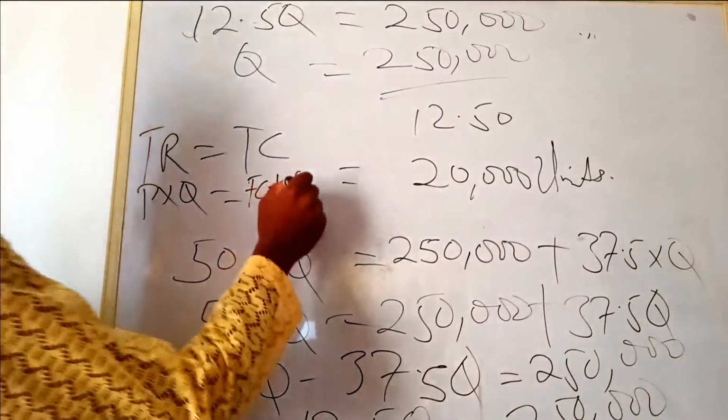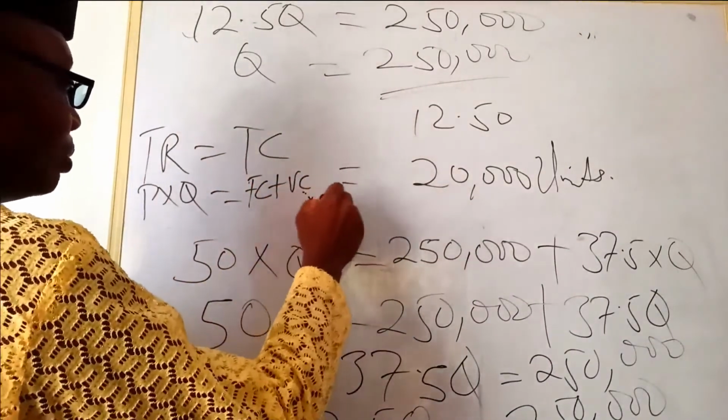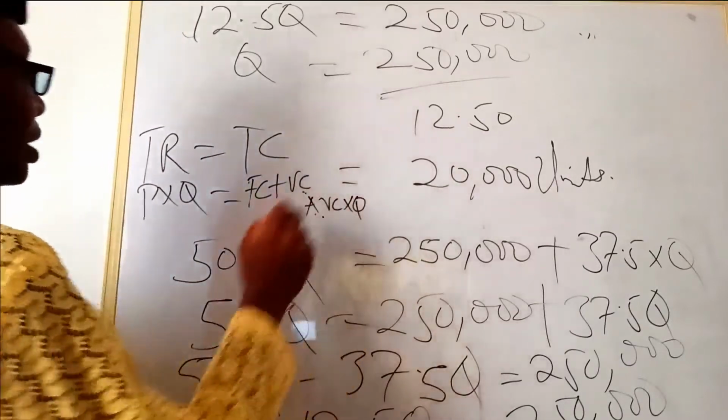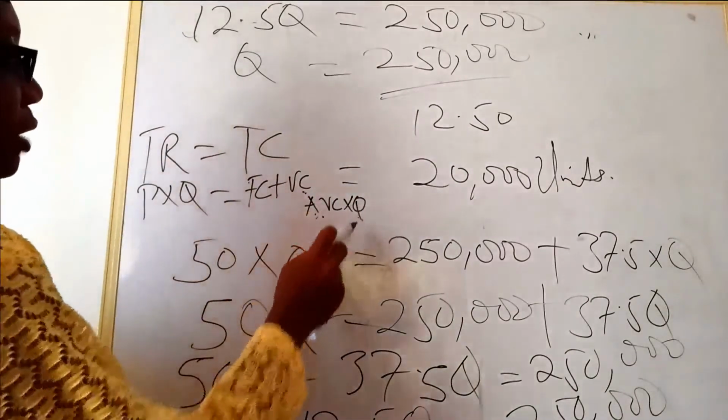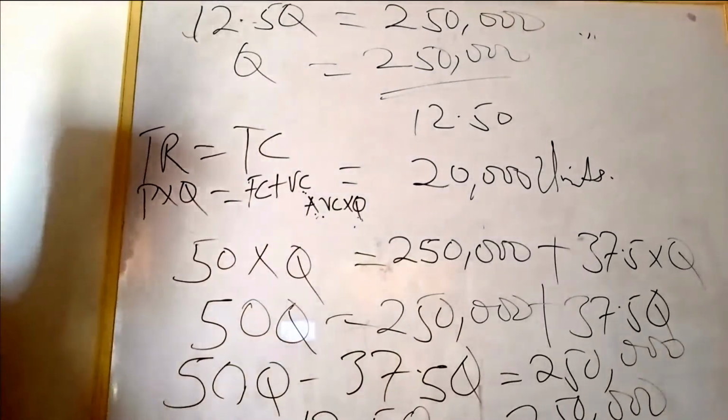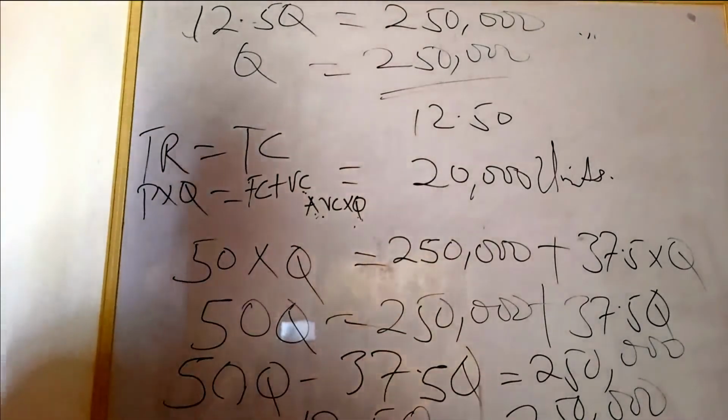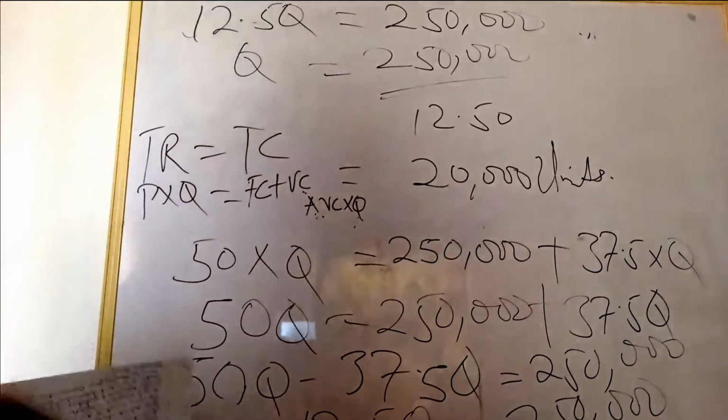Variable cost in this case is average variable cost times quantity. This was given. So you multiply it by what was not given, which is Q, and then you solve it. So the first question, the answer is 20,000 units.